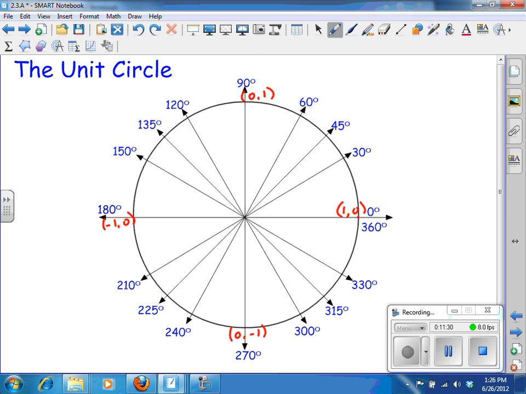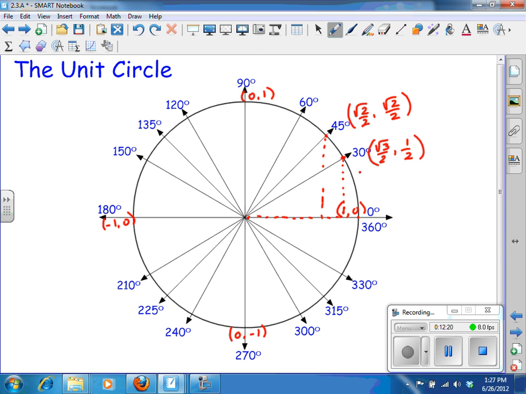From the triangle that we just did a couple of screens back, if I draw this in, this side would be 1/2 and this side over here would be √3/2. So the coordinates of this point on the unit circle at 30 degrees would be √3/2, comma 1/2. The coordinates of this point, if I drew in that 45-45-90 reference triangle, would be √2/2, comma √2/2.